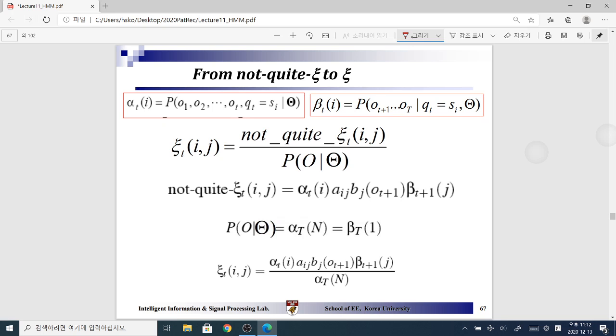So once again, psi sub t of ij is a ratio of the not quite psi sub t of ij divided by the probability of the observation sequence.